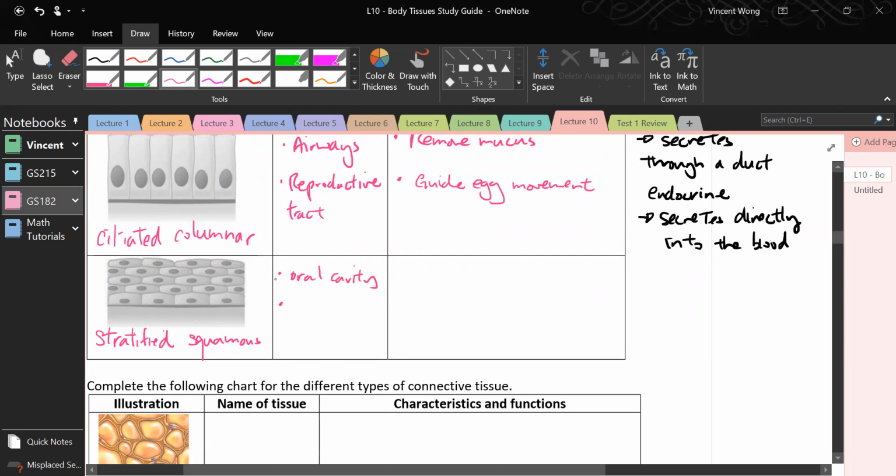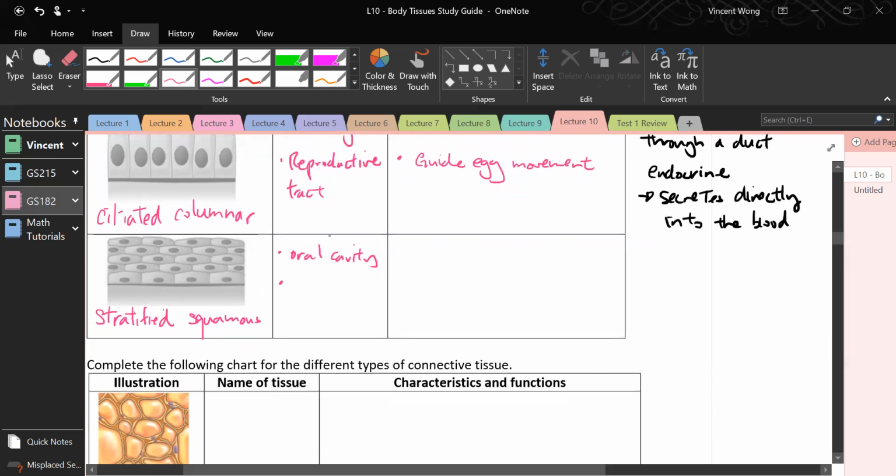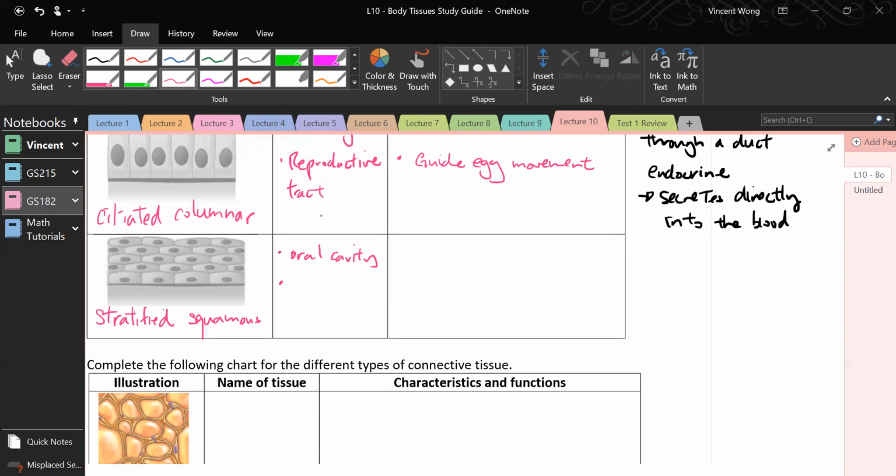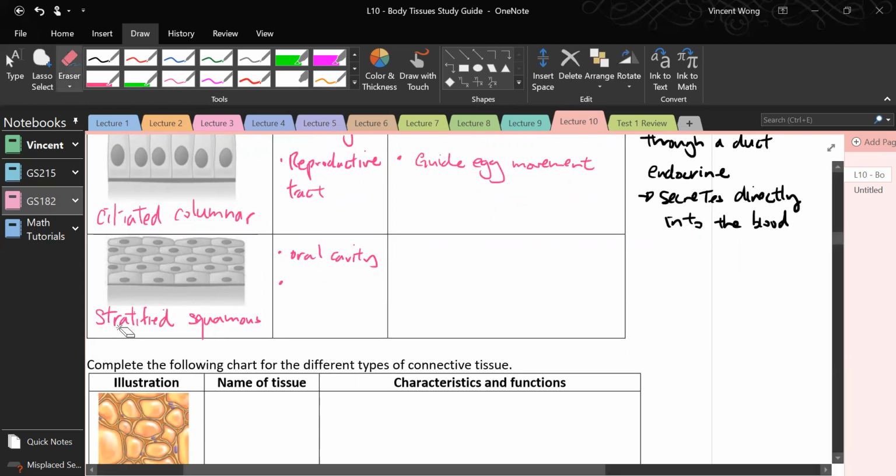You put a lot of things in your mouth. Some are hot, some are cold, some are acidic, some are basic. All these things are going to subject the lining of the mouth to abrasion and stress. So you want to have these stratified squamous. They're pretty good at withstanding all these extremes.